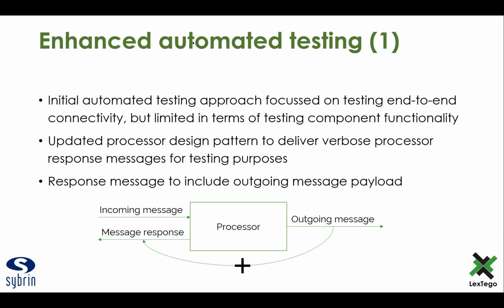So what we focused on is how to do a shift-left methodology, where the developers will be incorporating all that type of functionality into their code and into their processes as they're delivering things. So we've updated the process of design patterns to deliver much more.